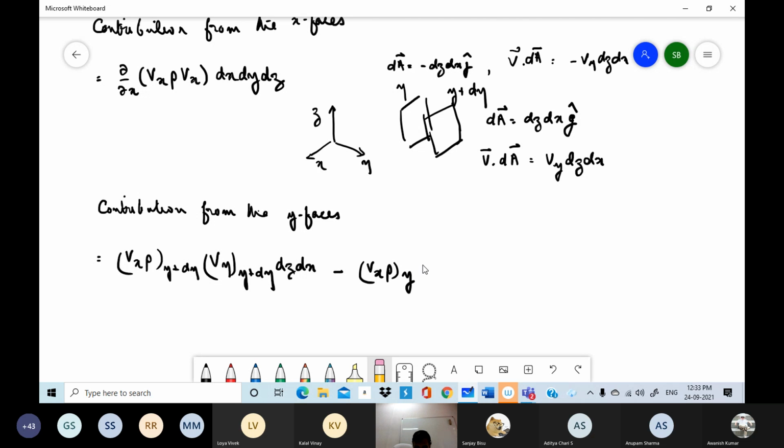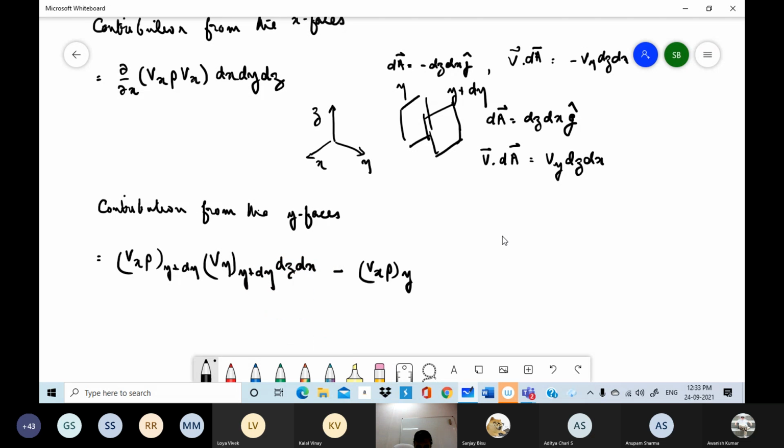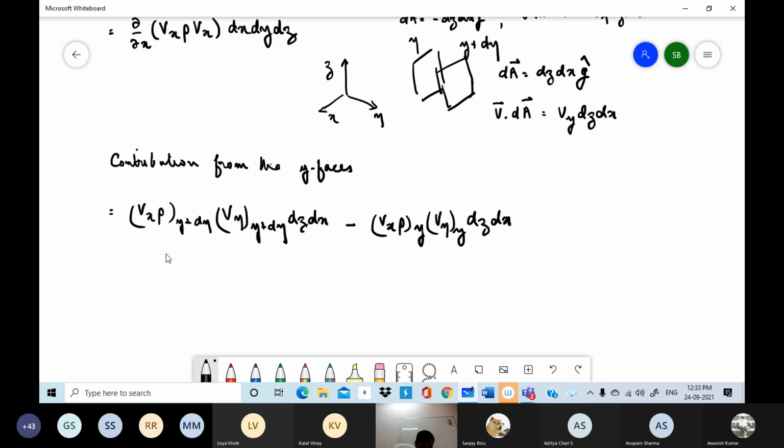So the vy would have to be evaluated at y into dz dx. So again, Taylor expanding this. Okay, so let me write it in a little more compact form.